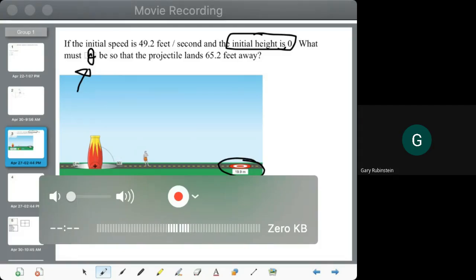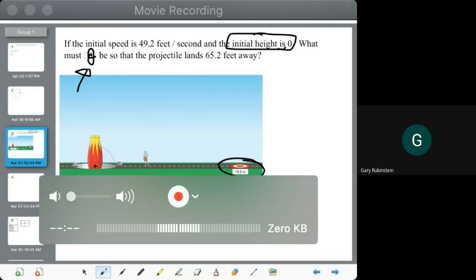Whereas the other scenario where you're told what the angle is, and you have to figure out the v0, there's only one answer for that. But this one, there's not infinite answers, and there's not one answer, but there's actually two valid answers. And I'm going to take you through this problem. It comes out pretty ugly, but I'm going to take you through it.